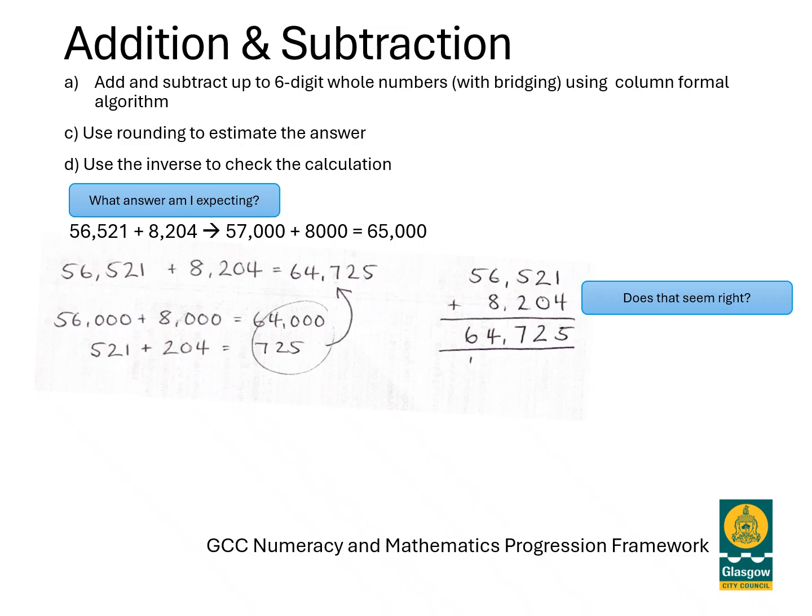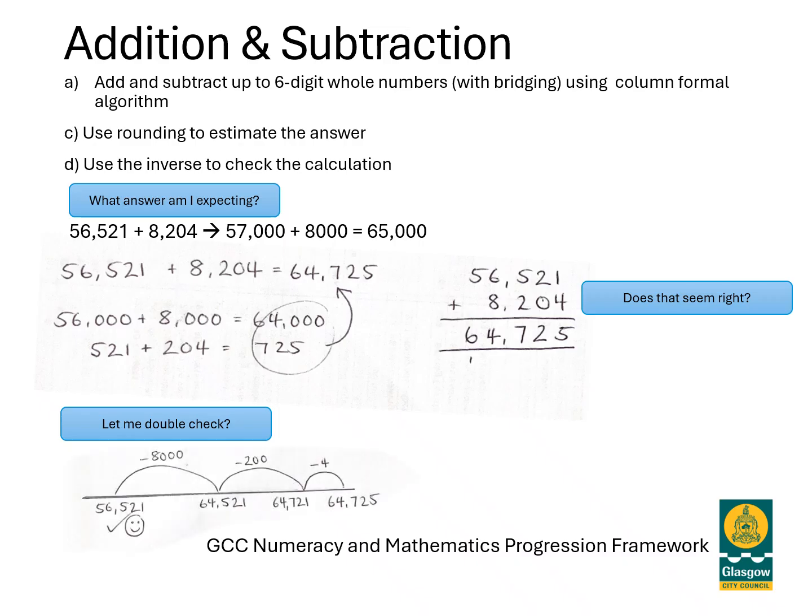And if it does seem right, then they can also go on to use the inverse calculation to double check. So if we've done an addition calculation, they would then either be using an open number line to count backwards and do the subtraction that relates to it, or a formal algorithm subtraction method as well to check that they're confident about their answer.